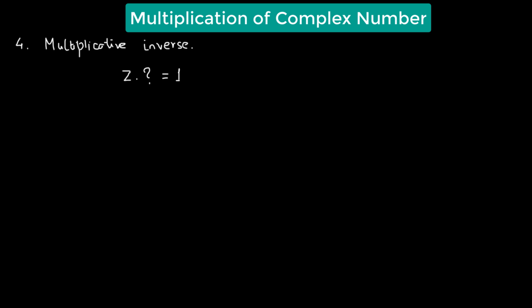So that means we are dividing both sides by z, which gives us 1 over z. So this is the multiplicative inverse. If we have z and we multiply it by its multiplicative inverse, which is 1 over z, then that gives us the identity, or simply 1. So this is known as the multiplicative inverse of a given complex number.